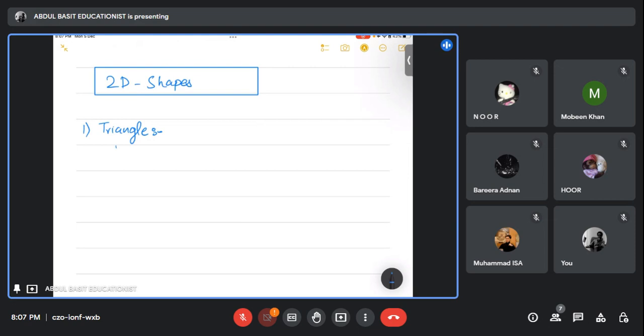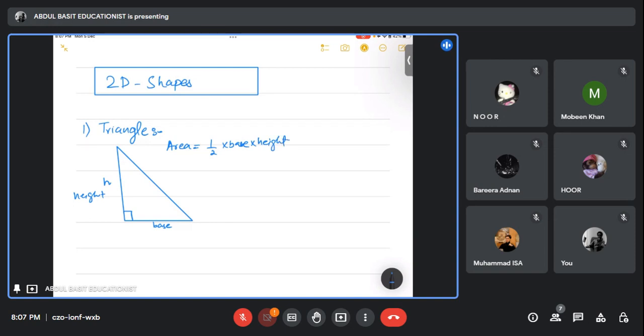There are two types of triangle. The one is a right angle triangle with a 90-degree angle. So that's the height, and that's the base. So the area of the triangle is equal to 1 by 2 into base into height.